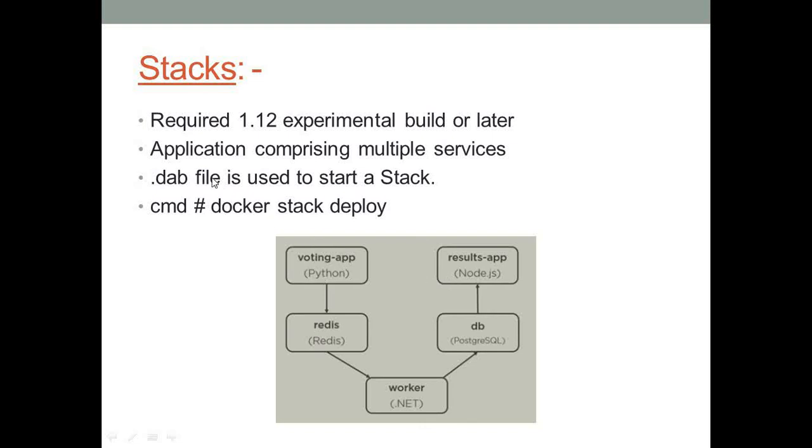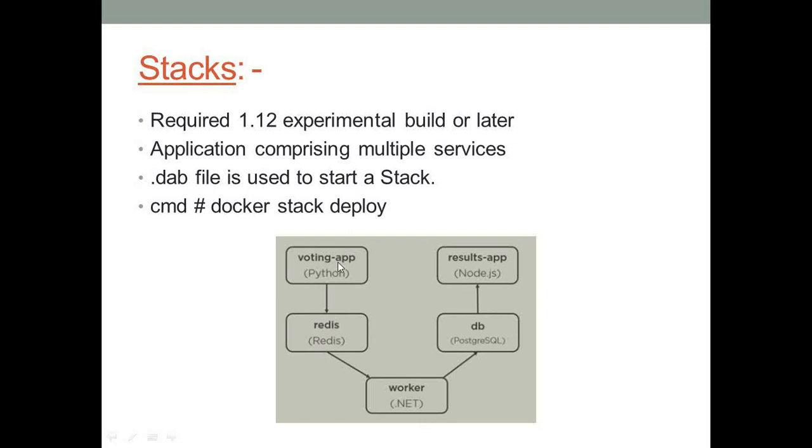Let's assume we need one voting app, that is a Python app, and we need one Redis application, a .NET application, and we have one DB and then a result application that is written in Node.js. So these 5 different services running on one stack, that is called a stack.